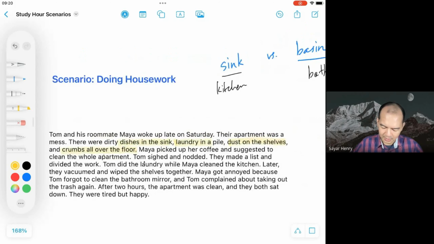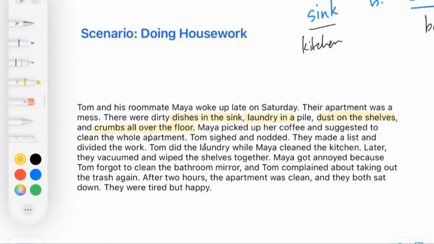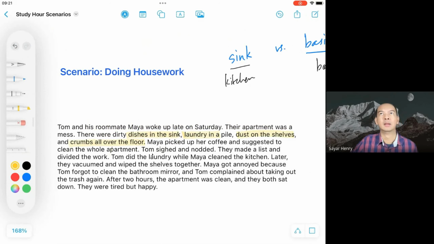Maya picked up her coffee and suggested to clean the whole apartment. So Maya is having coffee and then she thinks it's a good idea to clean the whole apartment. Tom sighed and nodded. They made a list and divided the work.